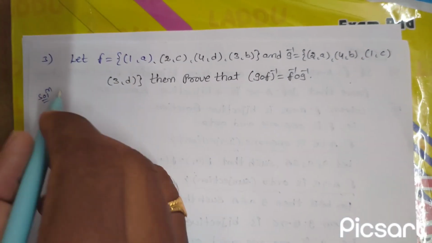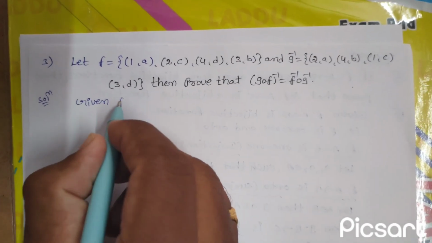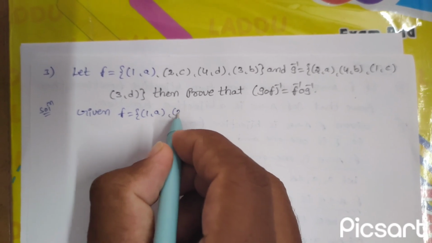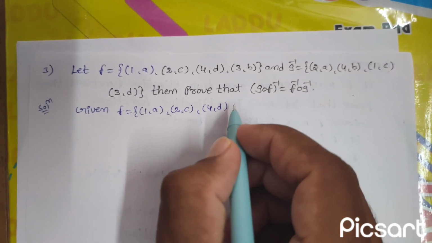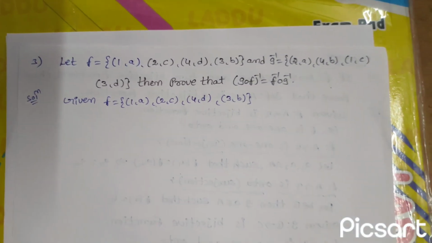Okay, given f is equal to 1 comma a, 2 comma c, 4 comma d, 3 comma b.